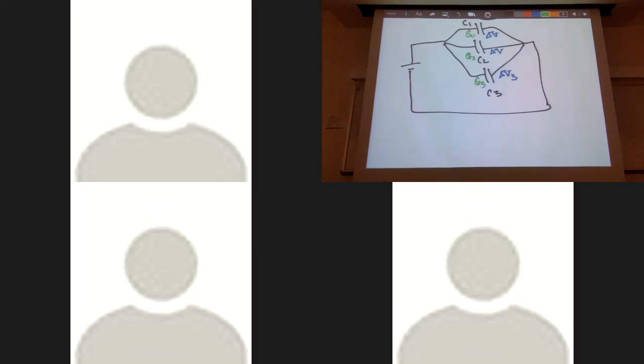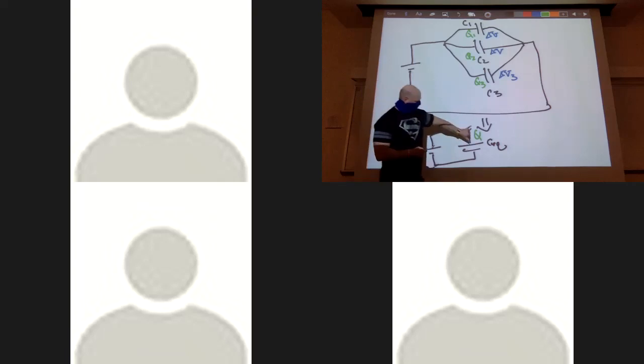But if I combine all these things down to an equivalent, this is my CEQ, this is going to have an amount of charge of Q. So my question then is, how does the charge here compare to the sum of those three charges? It has to be the same.